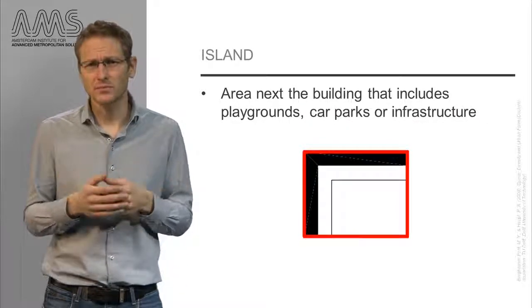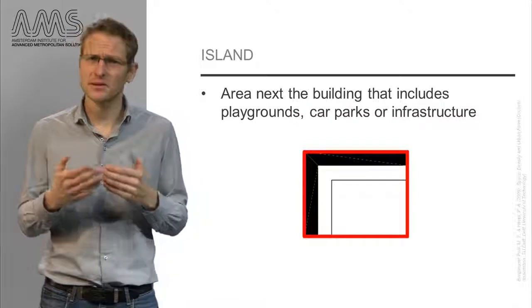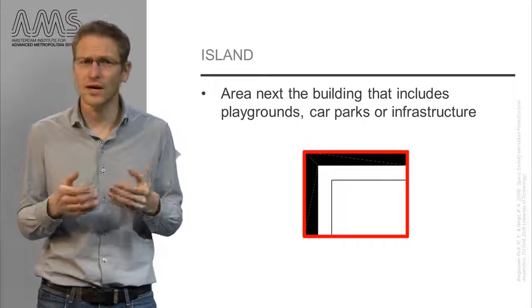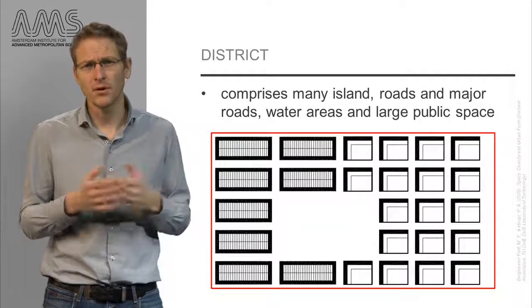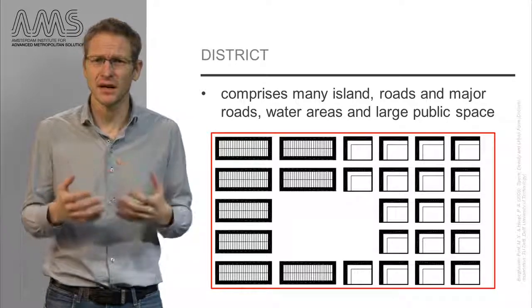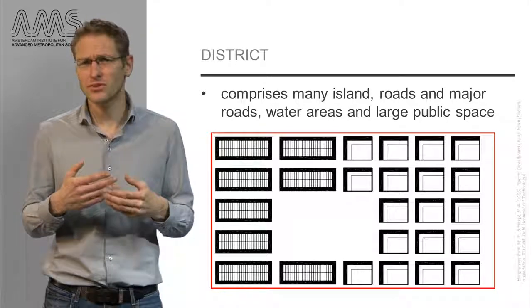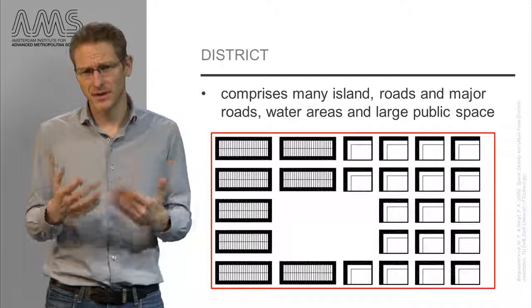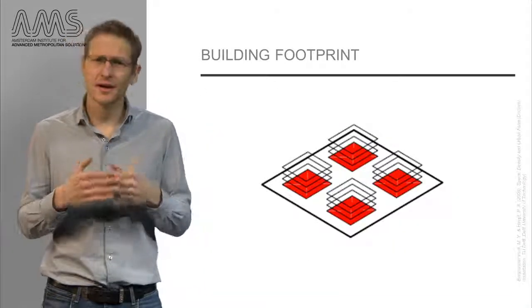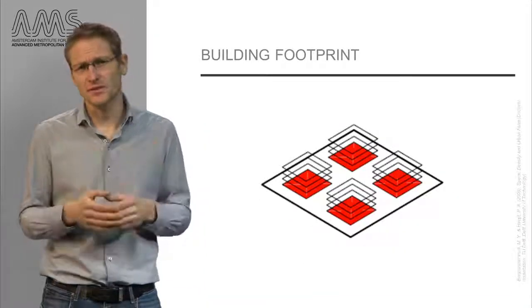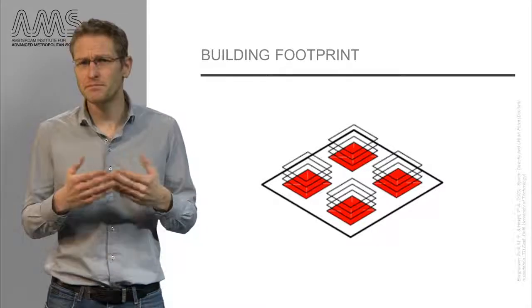But it can also be the area that includes playgrounds, car parks, or infrastructure. This is called the island or block. Or it can be a district comprising many islands, roads, major roads, water areas, and large public space. The third and last variable is the building footprint, or the area on which the building is built.